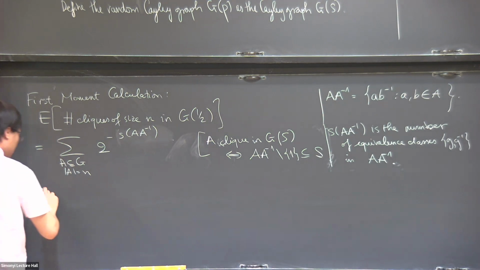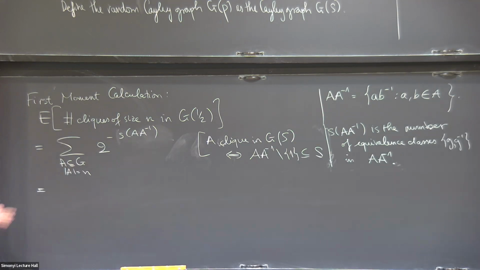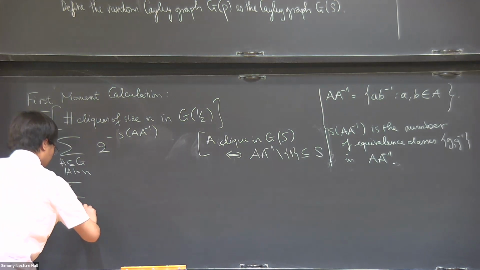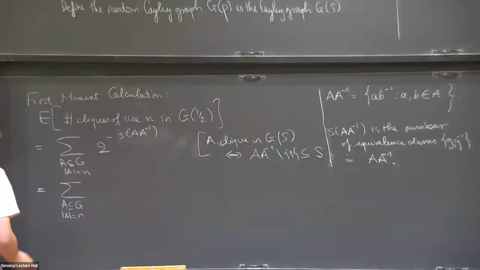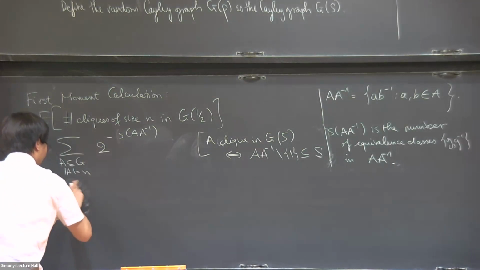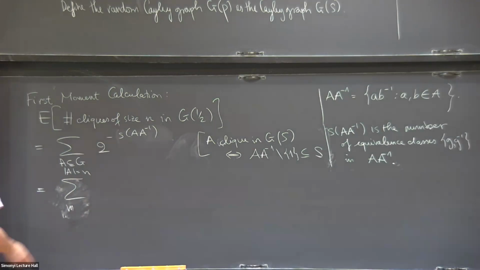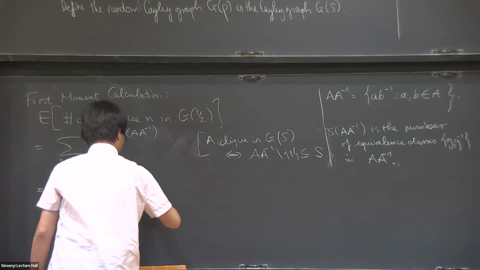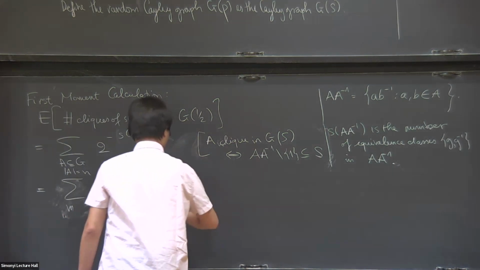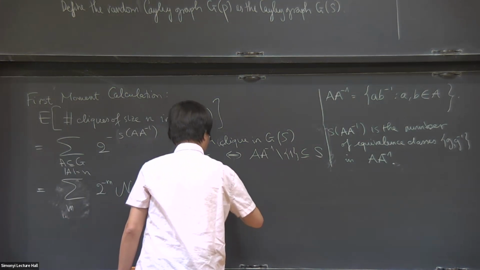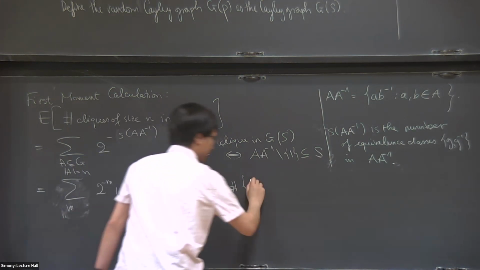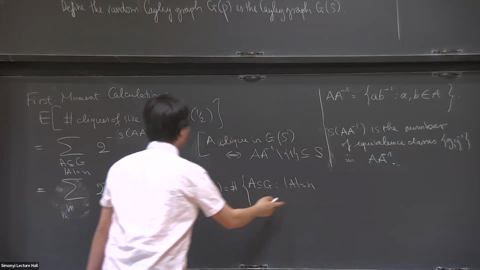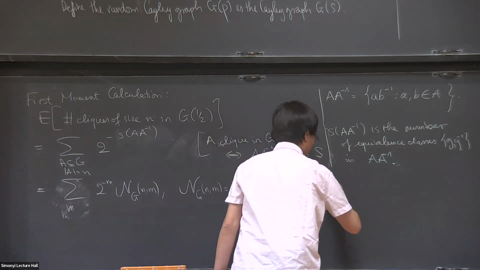Now we can group these terms into categories. We sum over m, and what we sum inside is 2 to the minus m times N_G(n, m), where N_G(n, m) is the number of subsets A in G which have size little n and for which the product set has size little m.